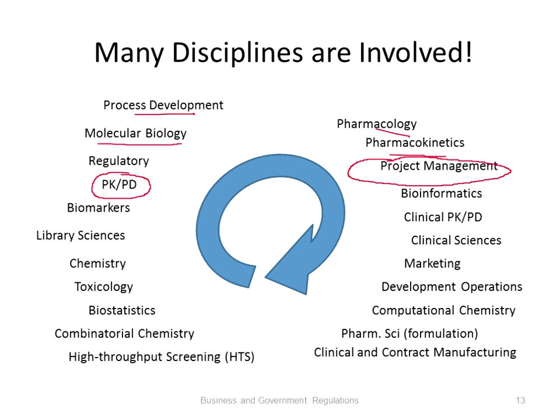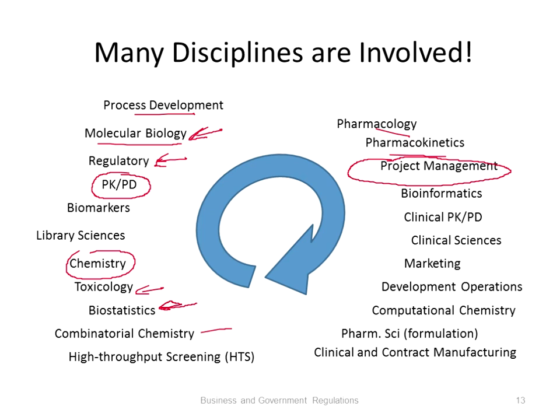Molecular biology, process development, molecular biology to come up with the DNA sequence. Regulatory is, of course, involved, looking at what data needs to be generated to give to the FDA. If it's a small molecule, chemistry is involved, toxicology, biostatistics is involved to figure out the data.